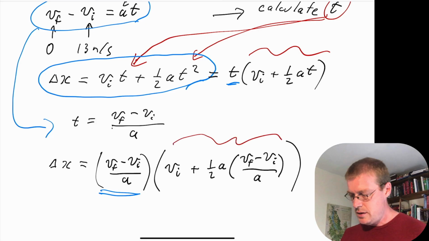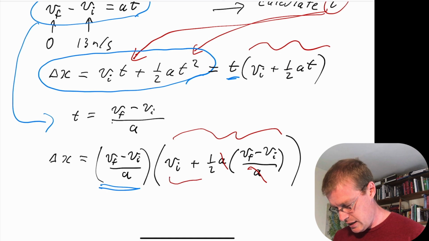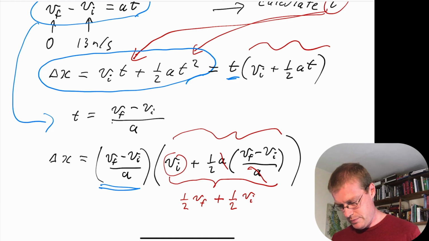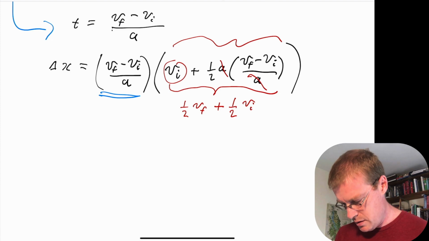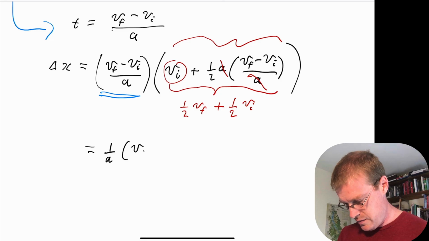Okay. Now I'm just going to simplify. I can cancel these A's, and then I can add this up, so I get 1/2 of a Vf, and then I get a Vi minus 1/2 of Vi, that's a plus 1/2 Vi. Okay, putting this together, I'm going to factor 1 over A out of this. So I get 1 over A, Vf minus Vi.